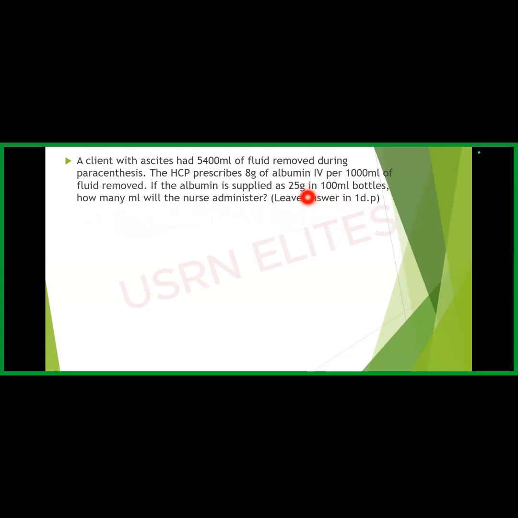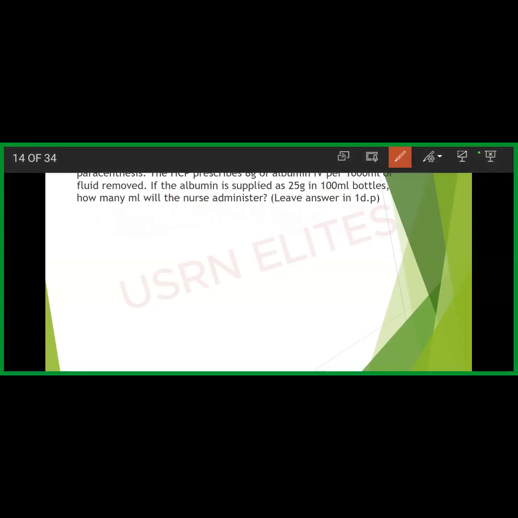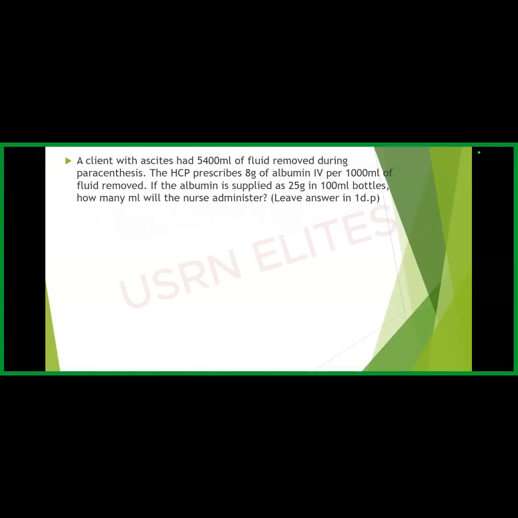All right, so here, let's see what we have. Look at the second line over here. We have 5,400 ml of fluid which has been removed. That is understandable. But look at this second sentence.